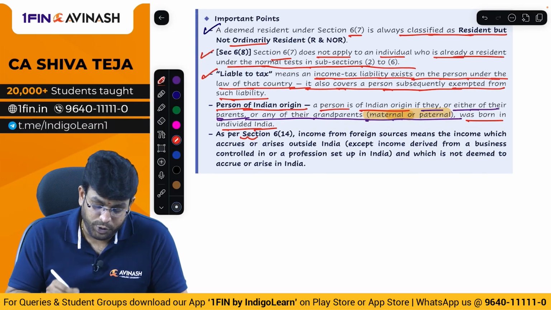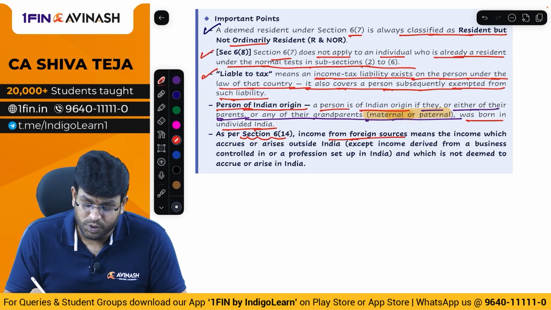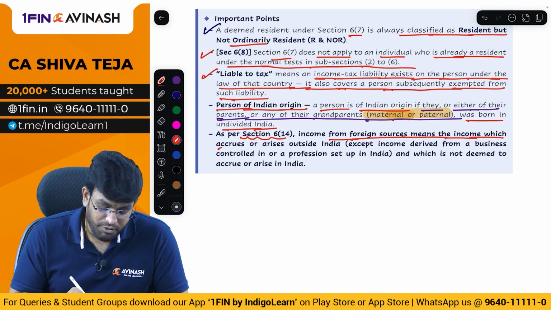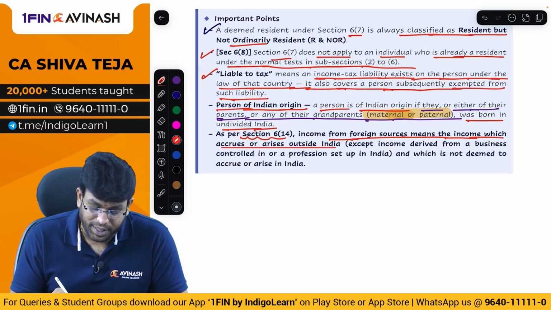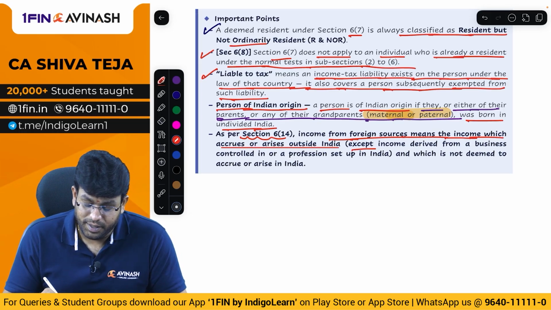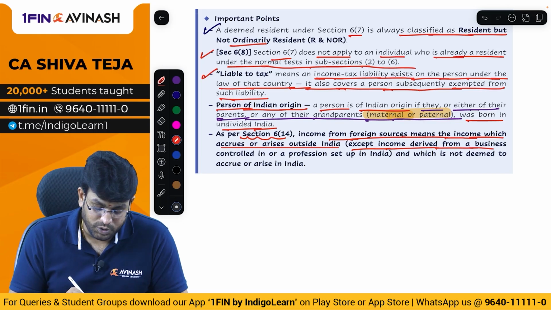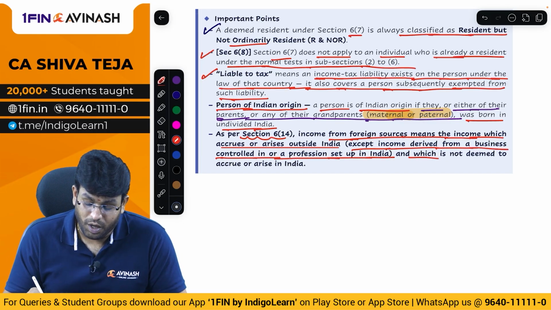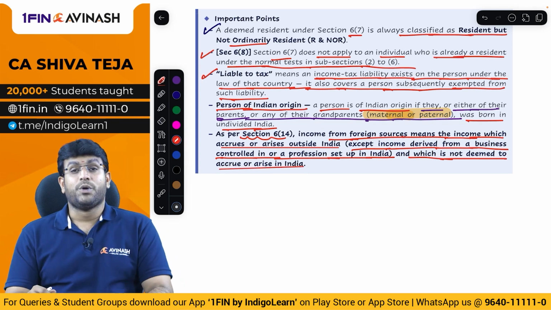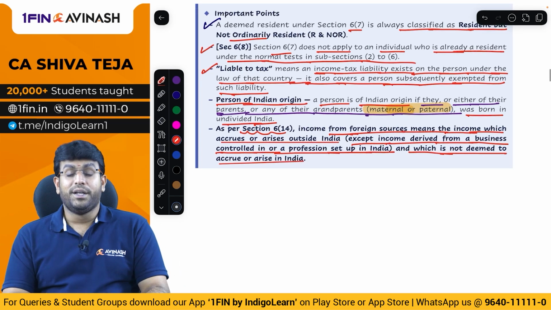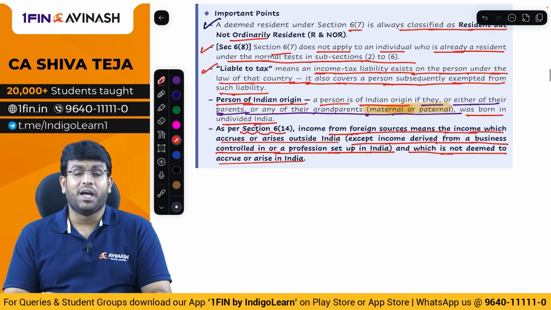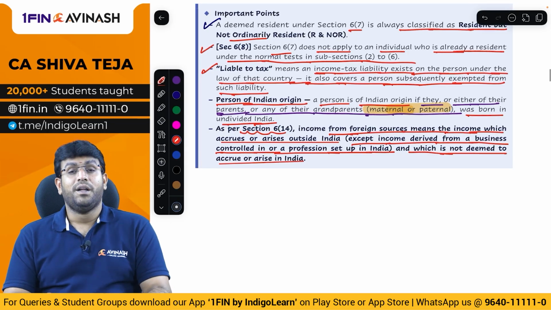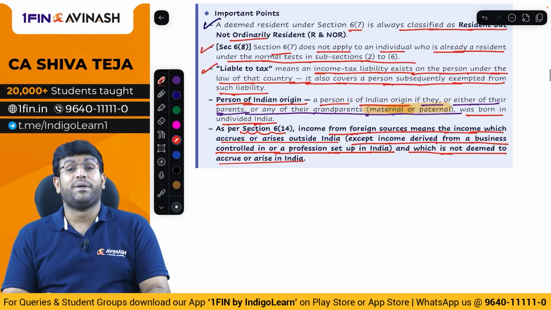As per section 6.14, income from foreign sources means income which accrues or arises outside India, except income derived from business controlled in or profession set up in India, and which is not deemed to accrue in India. So income from foreign source excludes income derived from business controlled from India or profession set up in India. That is excluded from foreign sources, which means that will be included for calculation of 15 lakhs.